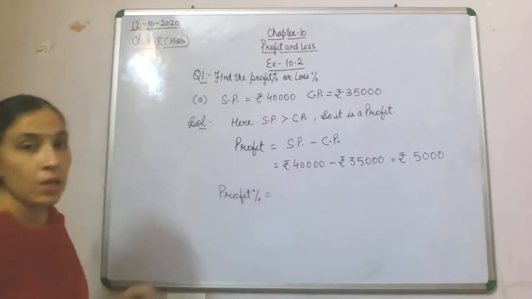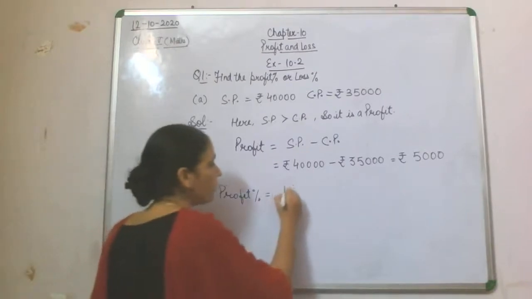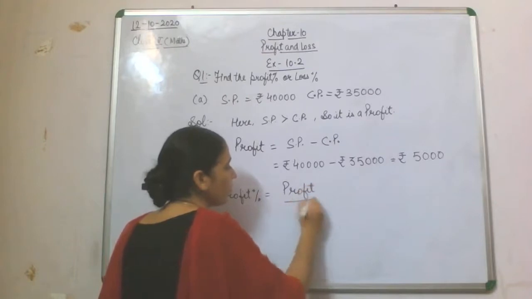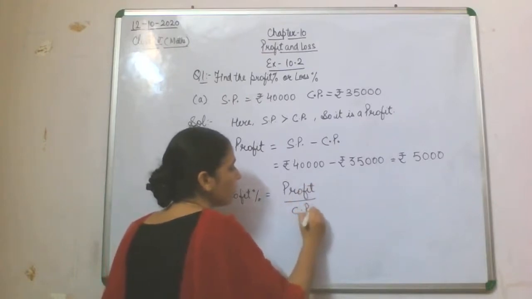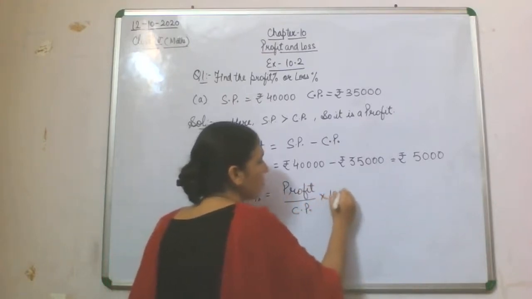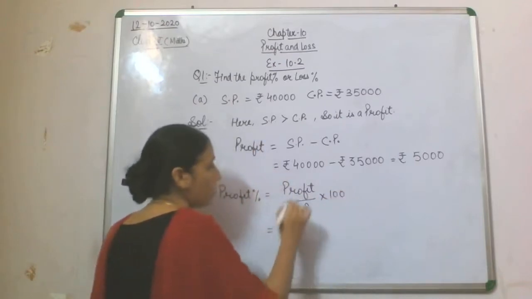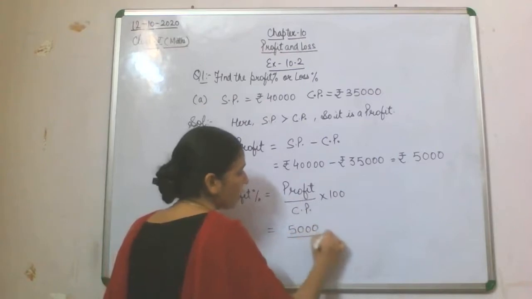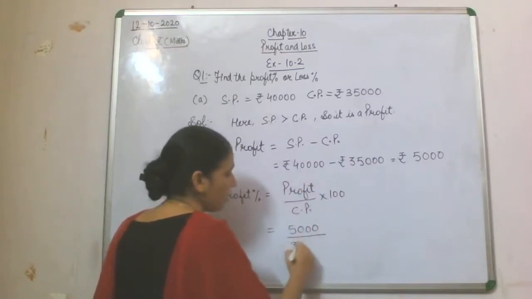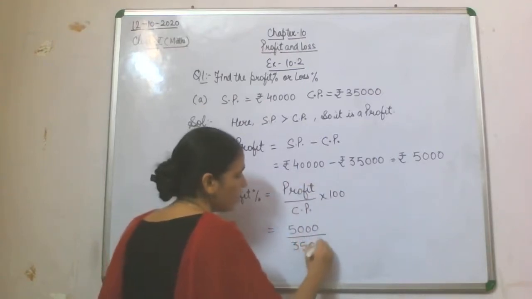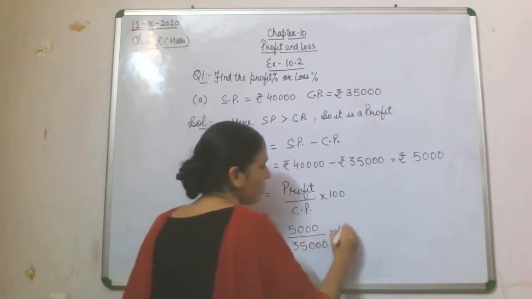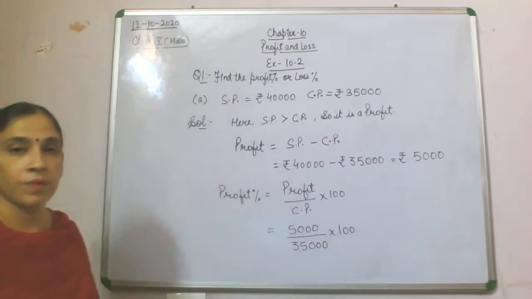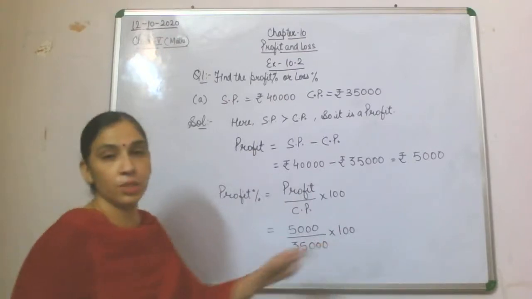Profit percent, what is the formula? Profit divided by cost price, then it will be multiplied by 100. What is the profit? 5,000 is the profit divided by cost price, that is 35,000, multiplied by 100. Fine, 100 is for that percentage only.